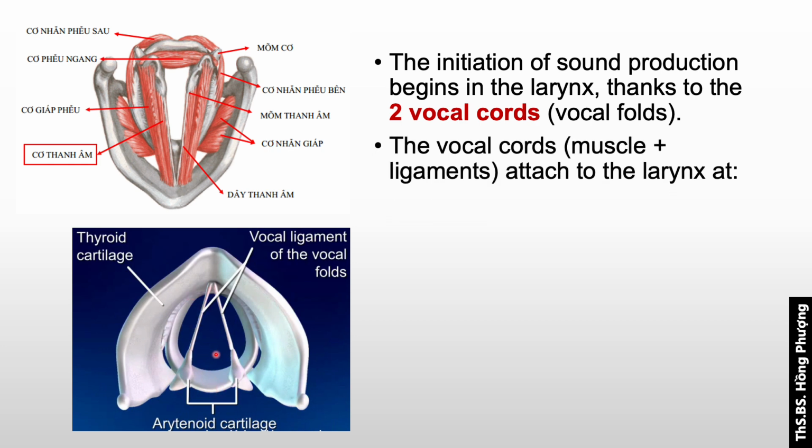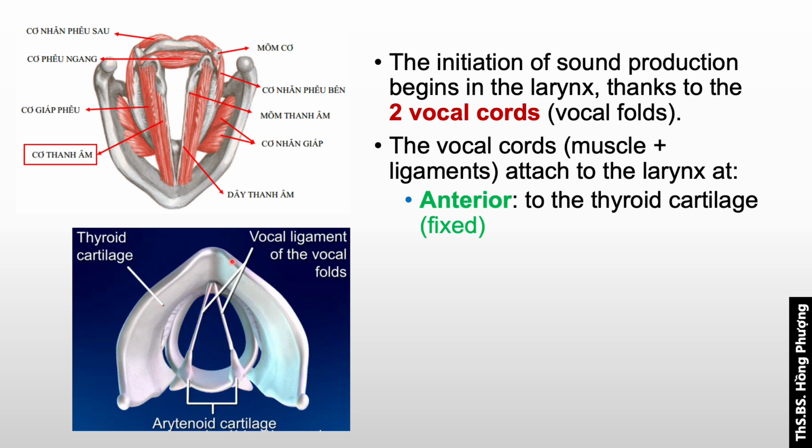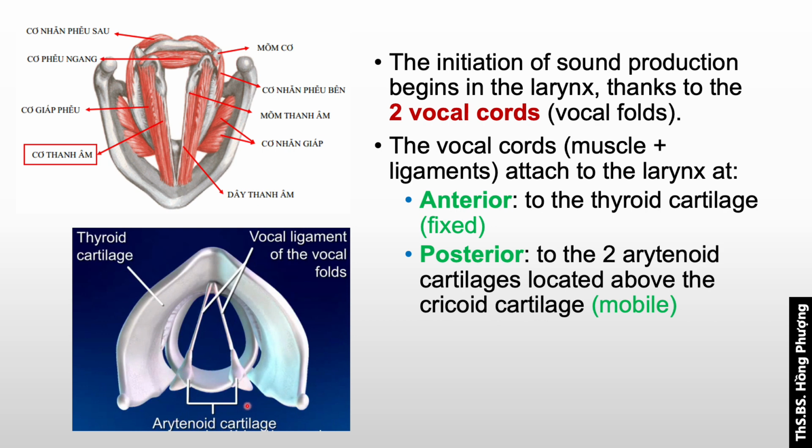The vocal cord is a combination of muscles and ligaments attached to the larynx at the anterior to the thyroid cartilage, which is fixed, and the posterior to the arytenoid cartilage, located above the cricoid cartilage, which is mobile.